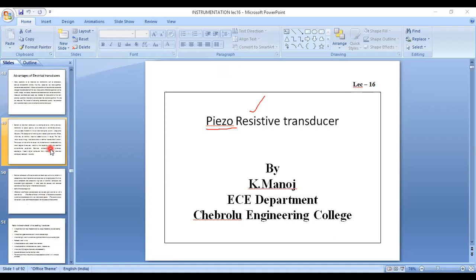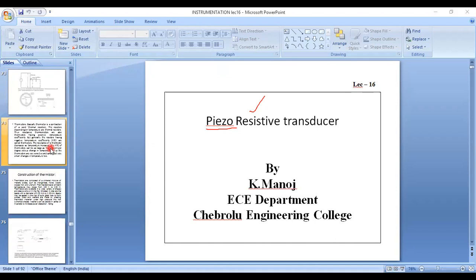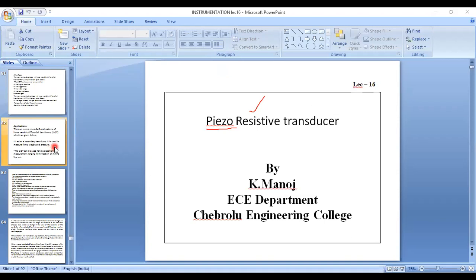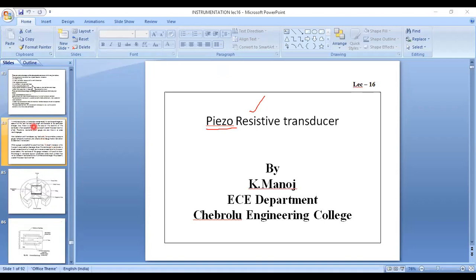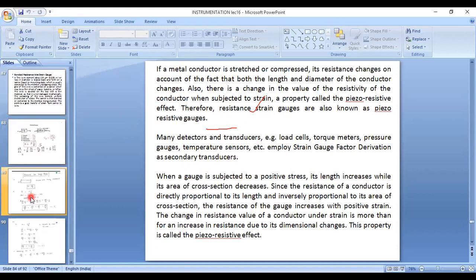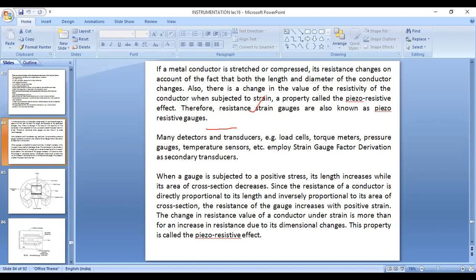So we are moving on to piezo resistive gauges, right? Piezo resistive gauges means a device which converts stress into change in the resistance. It is called piezo resistive transducer.